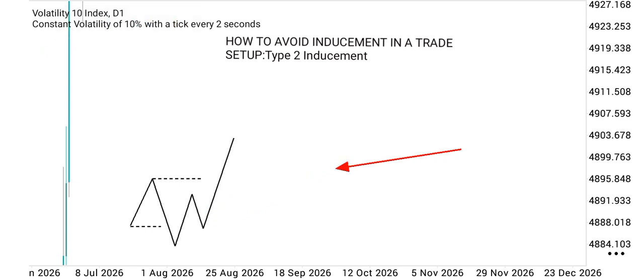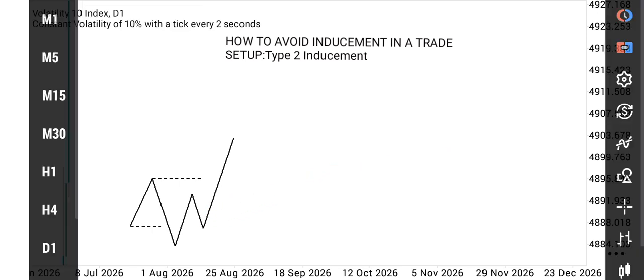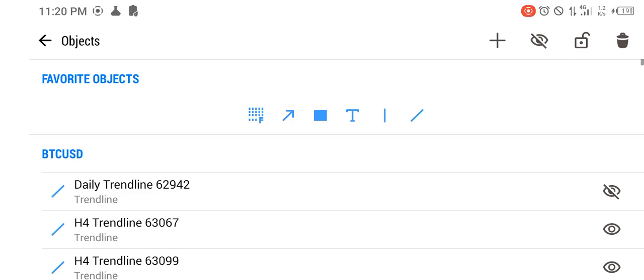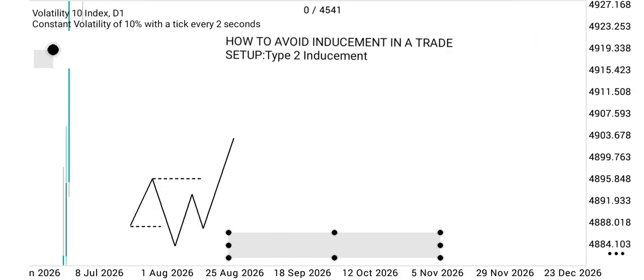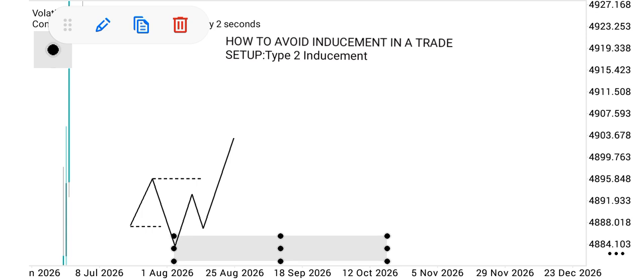Now let me show what I meant. You have our order block, an unmitigated order block, at this zone.